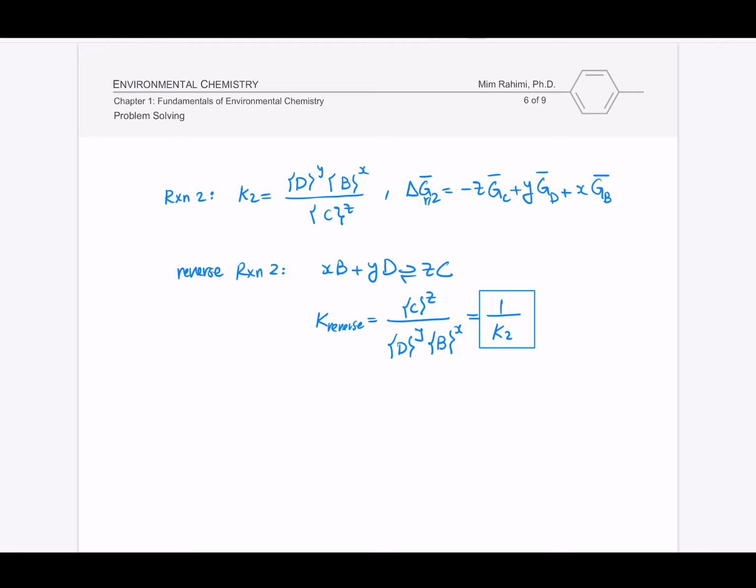And delta G of the reverse of reaction 2 would be minus X GB minus Y GD and then plus Z GC, which is the opposite sign of delta G of reaction 2. So if we reverse the reaction, then delta G would be basically the opposite sign.